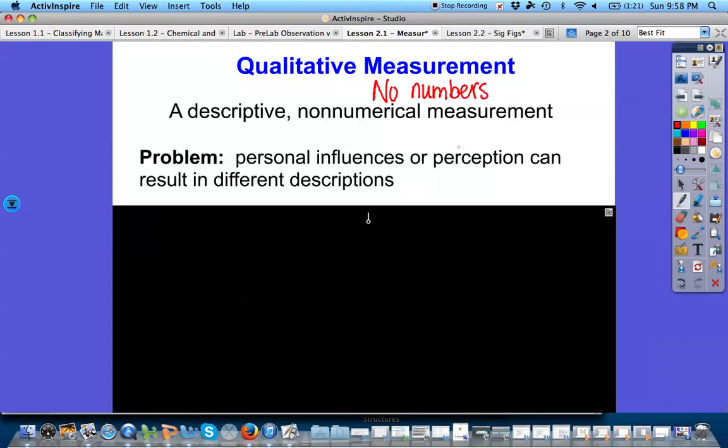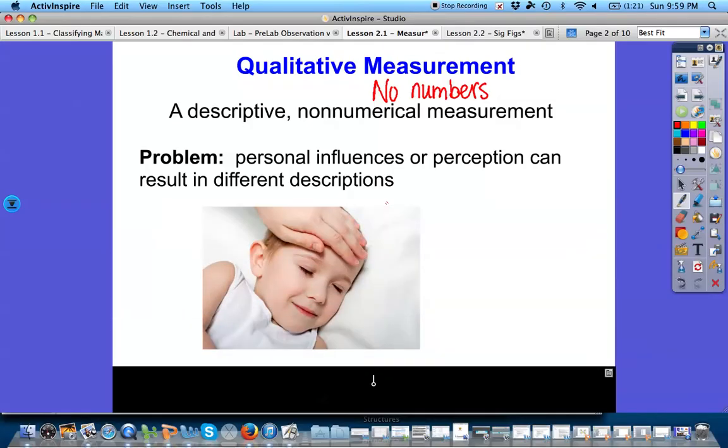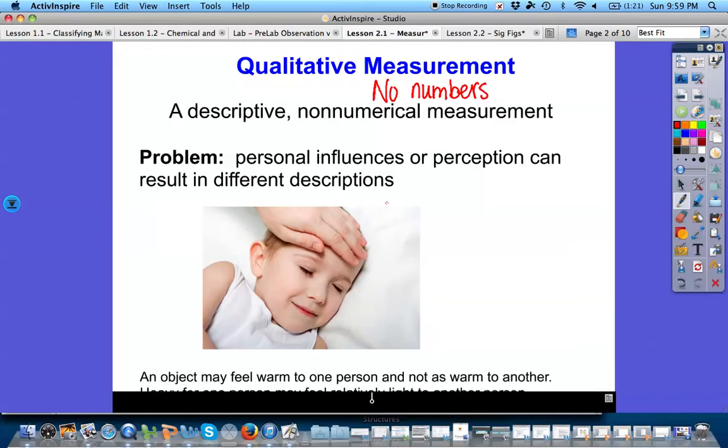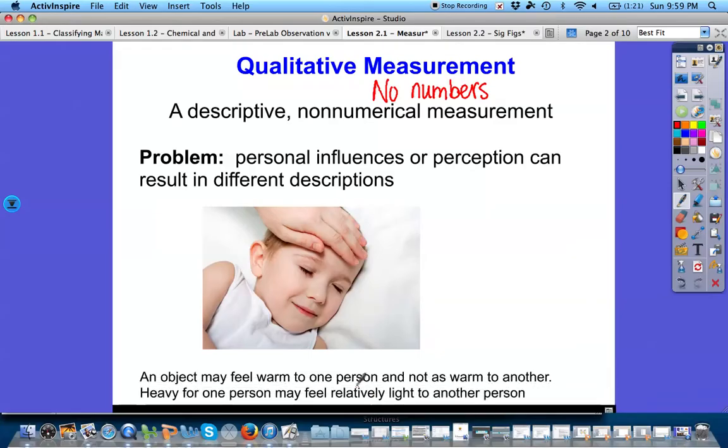The problem with qualitative measurement is that personal influences or perception can result in different descriptions. For instance, if you've ever said to your parents, "Man, I really feel like I'm just burning up," and you ask them to feel your forehead, they might say, "No, you really don't feel hot, but you feel like you do."